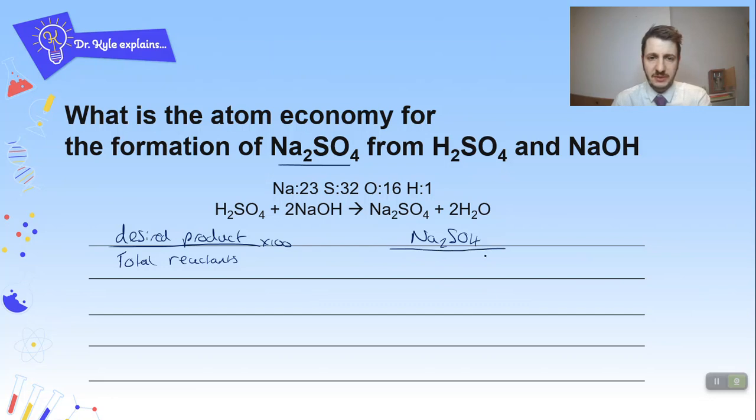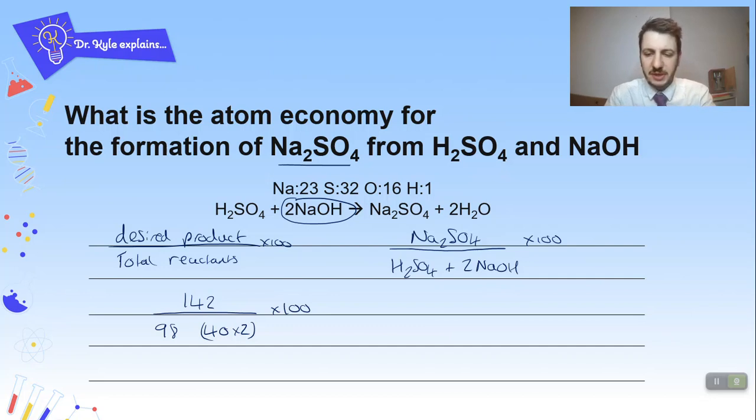Over my reactants. Now you have to be a little bit careful on this one: H2SO4 plus 2 lots of NaOH, times 100. Stick in some numbers. Na2SO4 is 142, over 98 for H2SO4, and then NaOH is 40, but I'm going to times that by 2 because I've got 2 lots of it. Times 100.